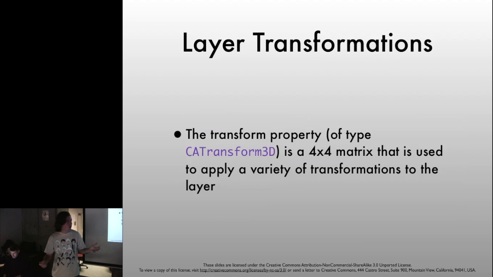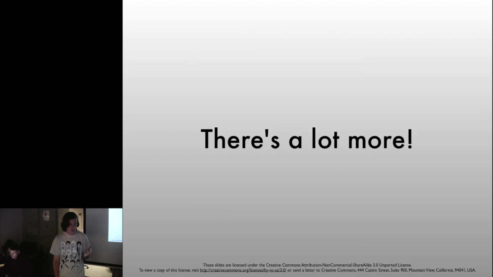Okay, so like we mentioned, we can perform pretty arbitrarily complex transformations on layers. There's a C structure, CATransform3D, which is a 4x4 matrix that represents a three-dimensional transformation on that view. If you've taken 184, you're probably pretty familiar with these kinds of 4x4 matrices that represent all these arbitrary transformations.